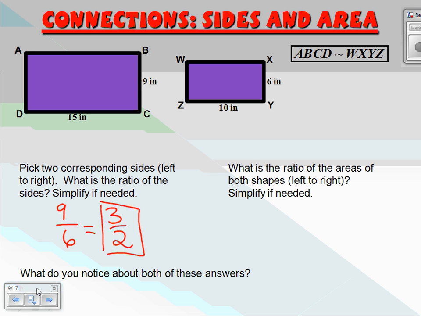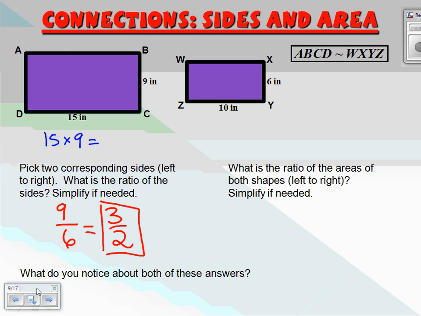Now, it says on the right-hand side, what is the ratio of the areas of both shapes? That's a little more difficult. So the area of the left-hand side is simply 15 times 9. What's 15 times 9?